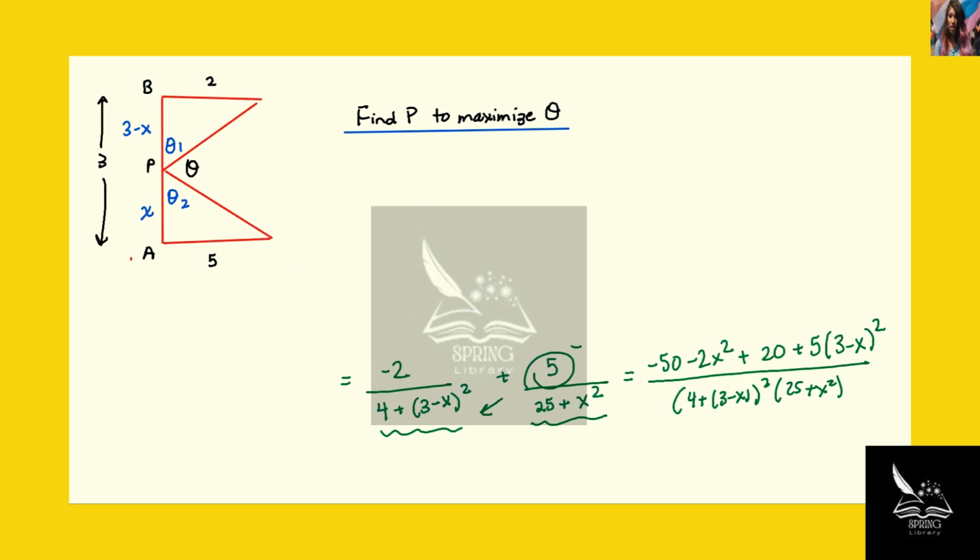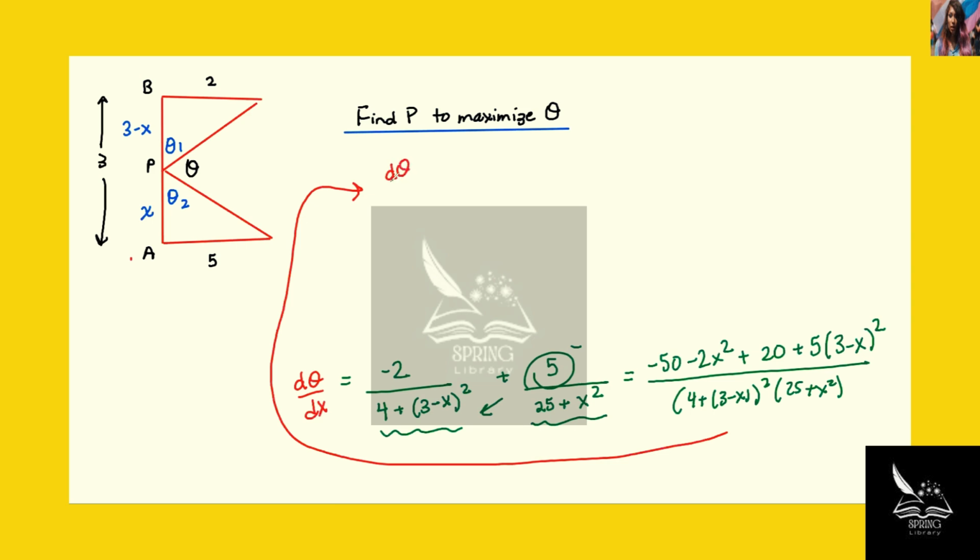Okay, so let's keep going. We are now going to continue at the top. By the way, this was d theta dx. So d theta dx is, let's see if I can clean this up. I'm going to have to FOIL out that term there.